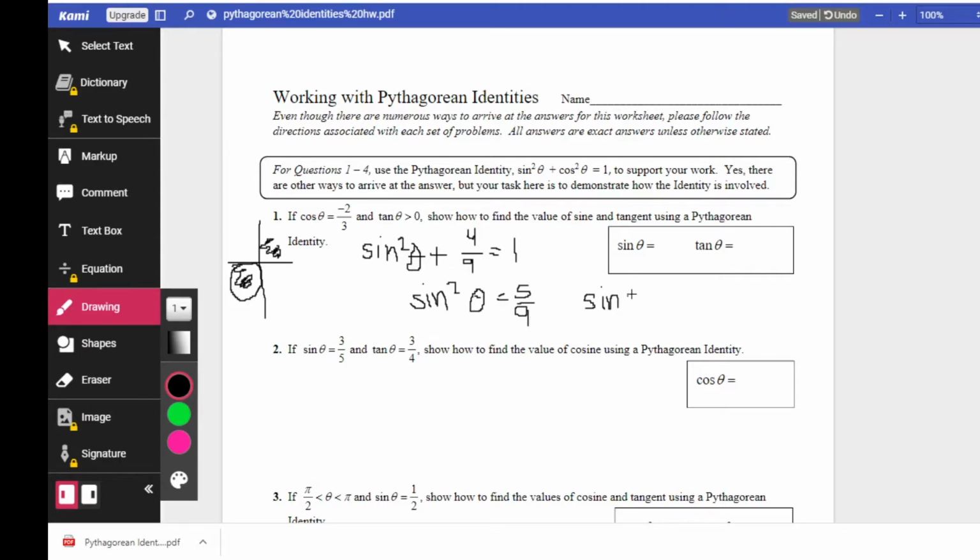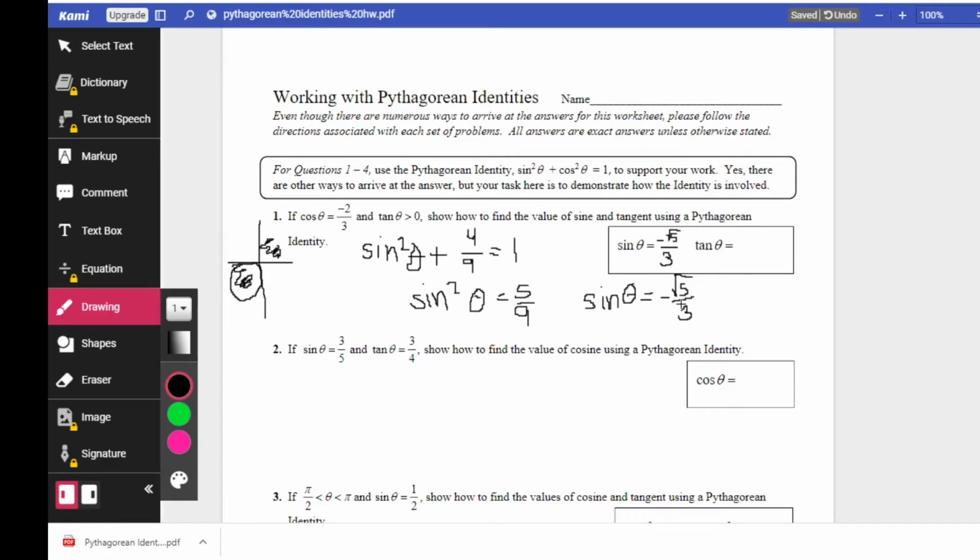So sine of theta equals negative square root of 5/9. So square root of 5, and then the square root of 9 is just 3, so we're just going to write it as -√5/3. Okay, that's going to be right in here. Now, tangent is just sine divided by cosine.